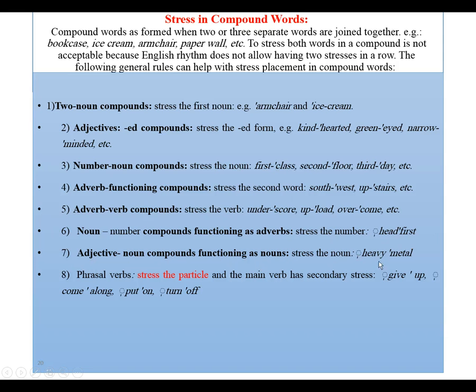Stress the nouns: heavy metal. And number 8, phrasal verbs. Stress the particle and the main verb has secondary stress. We have give up; we put stress on up and leave the main verb with secondary stress. Give up, come along, put on, turn off.